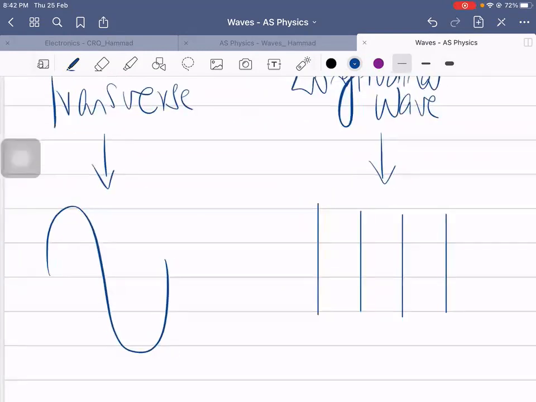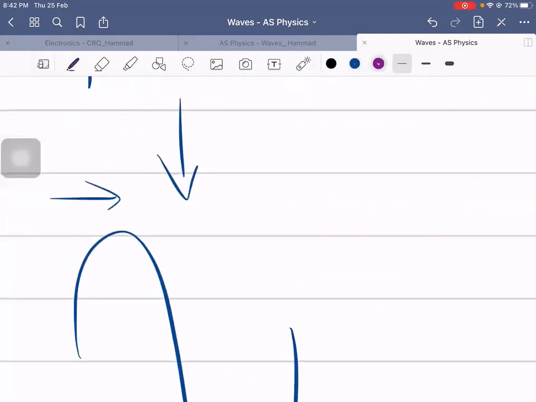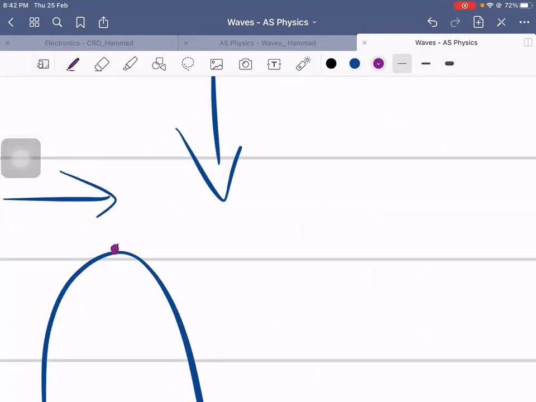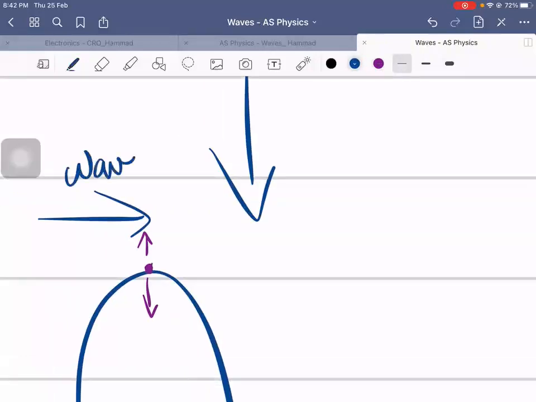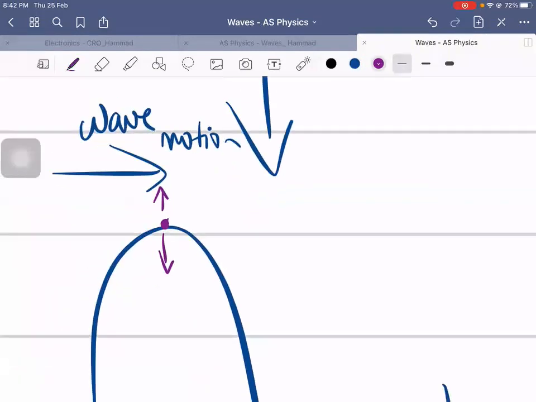You need to understand that waves are energy carriers, and the energy is produced by the disturbances that they create. That is, the particles will vibrate. So if the wave motion is towards the right, the wave particle moves up and down.